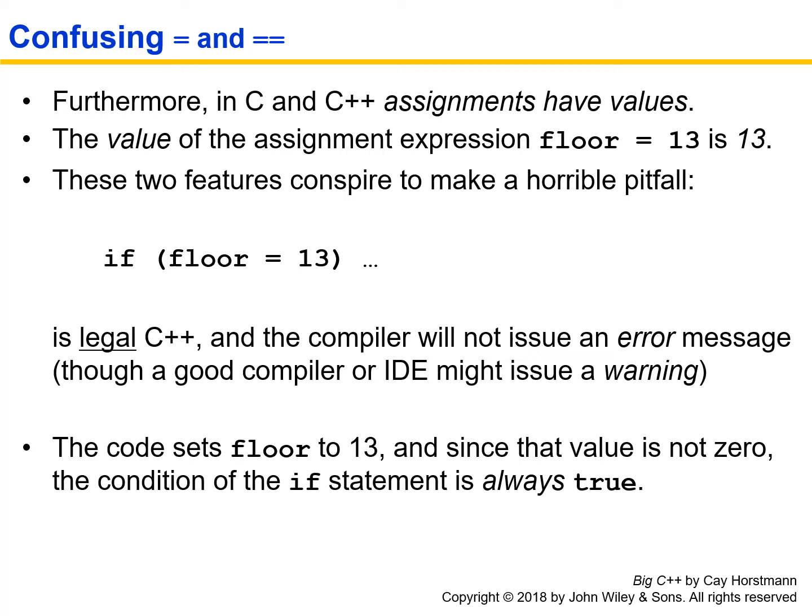So if (floor = 13), we'll always assign 13 to floor and then always give that a true value. The compiler is not going to issue an error message there because it is legal C++. Though a good compiler or IDE might issue you a warning indicating that there's an assignment statement inside an if statement, asking you if you really, really want to do that.